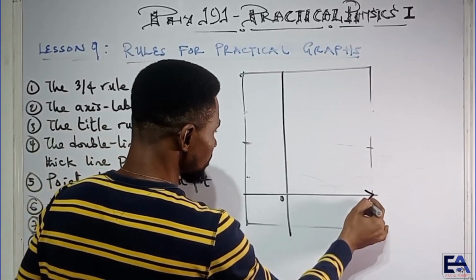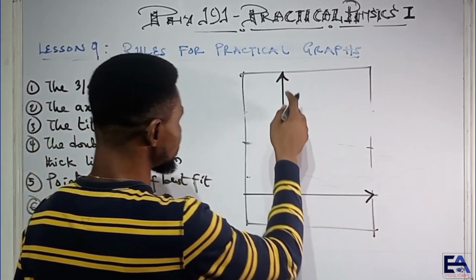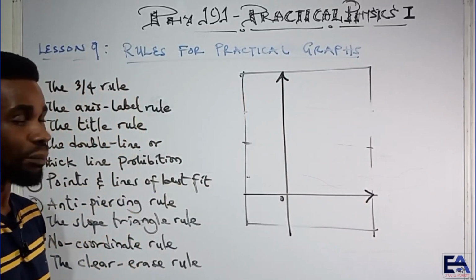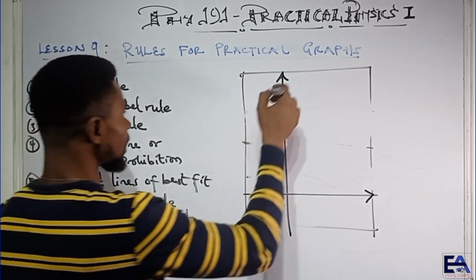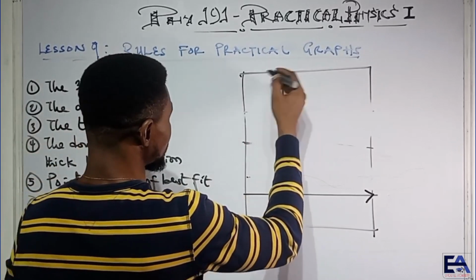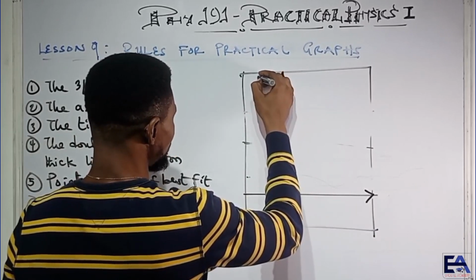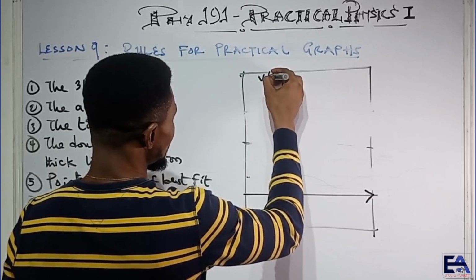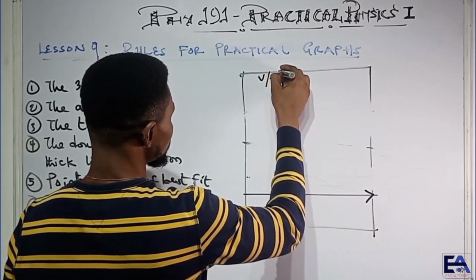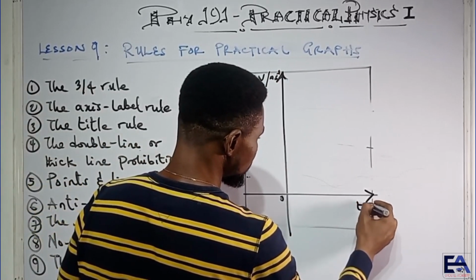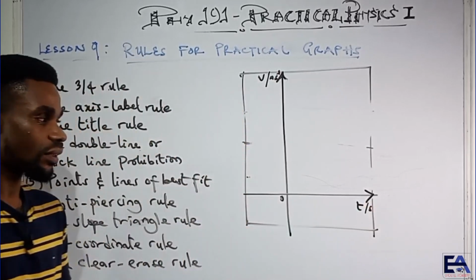It is very important that it must be labeled. Maybe you're plotting a graph of velocity against time, for instance. So just say V in meters per second, and then time T in seconds.